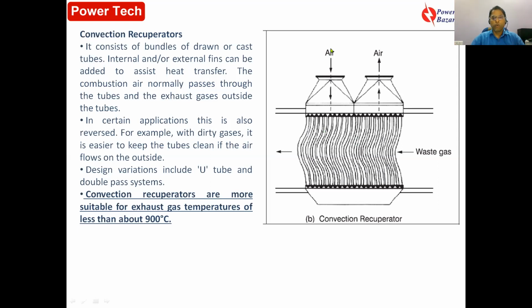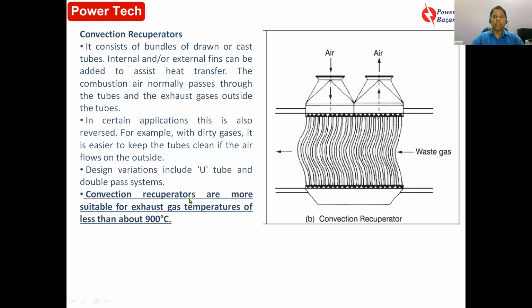That means the waste gas can come like this, go out, and the combustion air can go in like this. So it depends on the quality of gas, how you want to clean it, and what area is available in the furnace. So based on this, the design can be changed. Now these convection recuperators are more suitable for exhaust gas temperatures of less than 900 degrees Celsius.